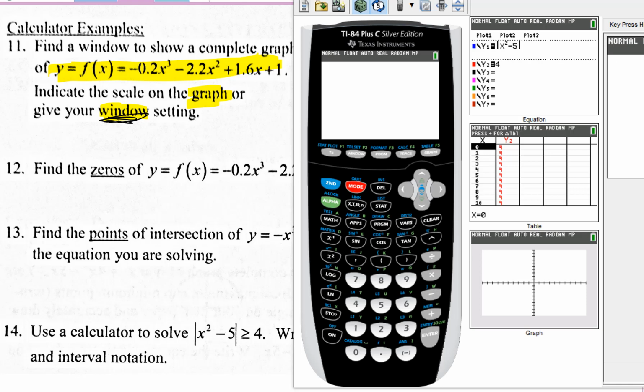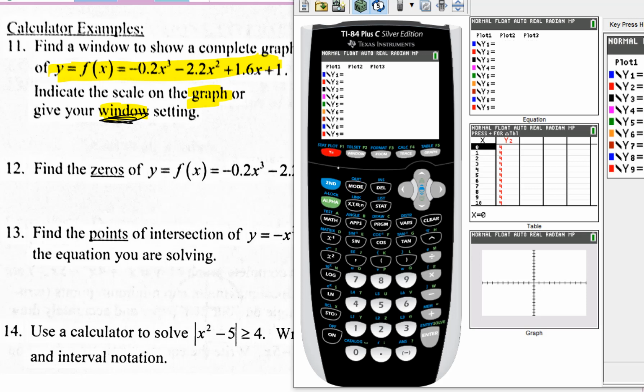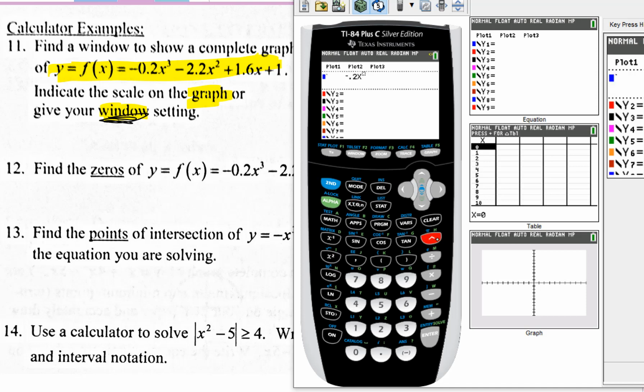So you'll turn on your calculator, and to enter an equation to graph it, we press the y equals button up in this top left corner, and then we will plug in negative, remember to use the negative symbol, not the minus, 0.2 x. This button is used to cover any variable. x cubed, so use the caret to get into the exponent, and then a 3.